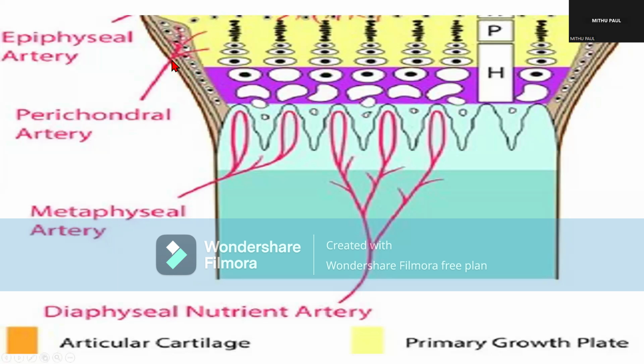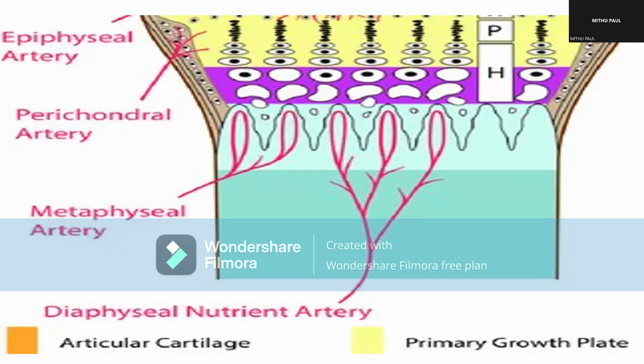So there are some vessels supplying the perichondrium, and the nutrition from there via the process of diffusion reaches the cartilage. This is one procedure. Second procedure is at the articular cartilage at the end of the bones, and these bones forming the joints having synovial cavity filled with synovial fluid.